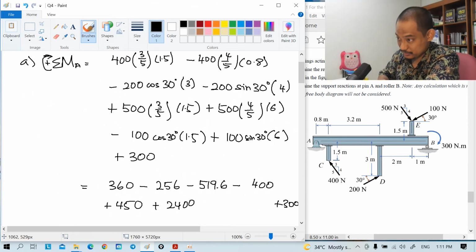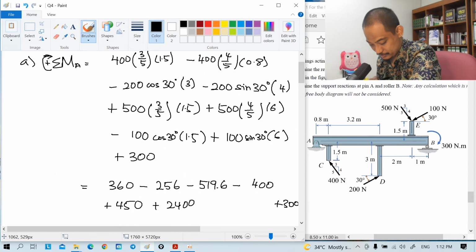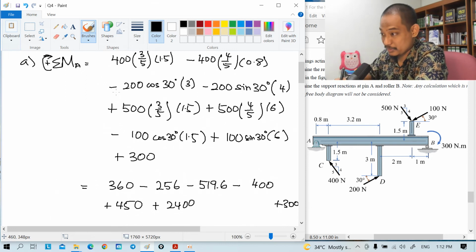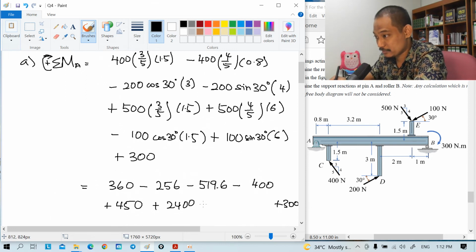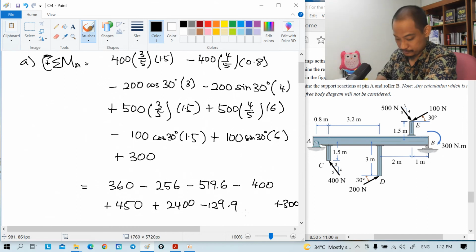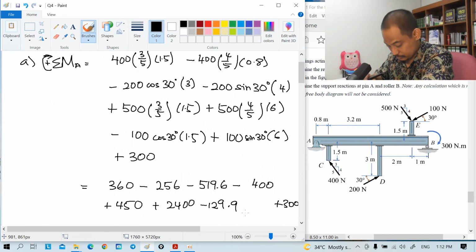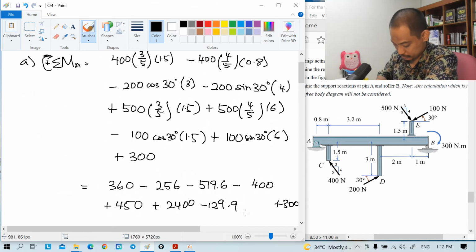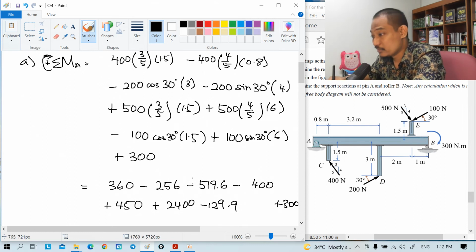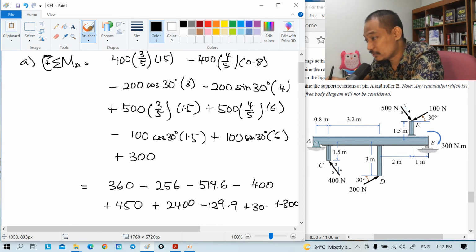So minus 100 times cos 30 degrees times 1.5 is minus 129.9, and then 100 times sine 30 times 6, plus 300.